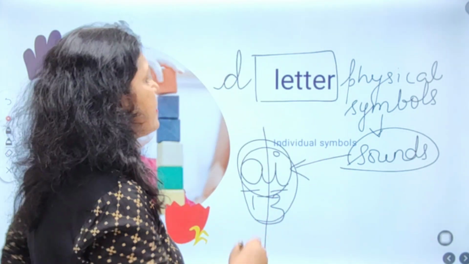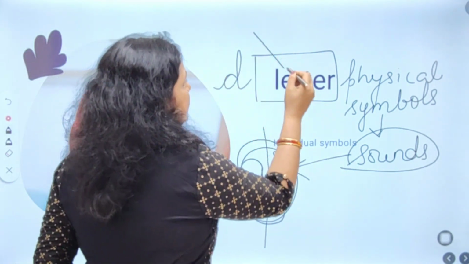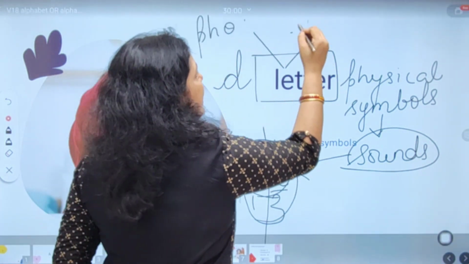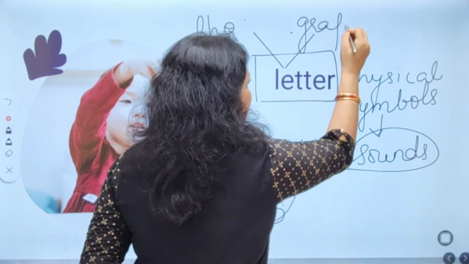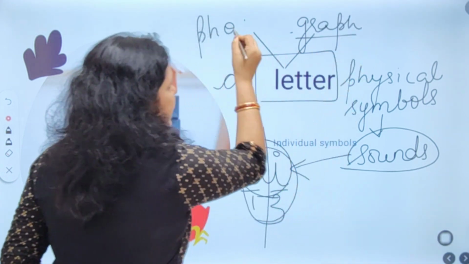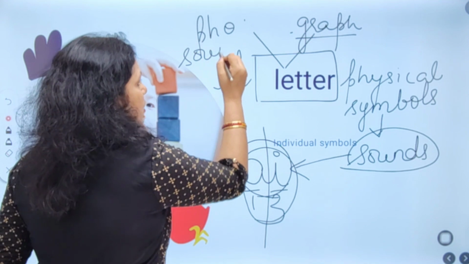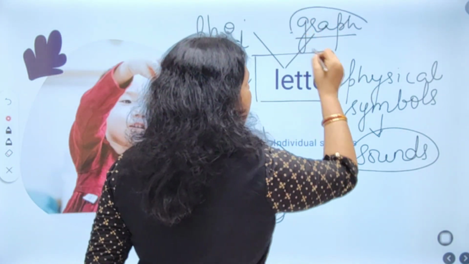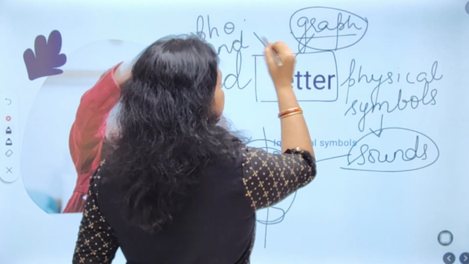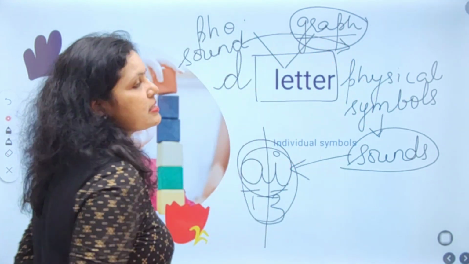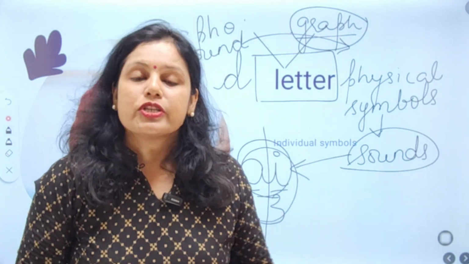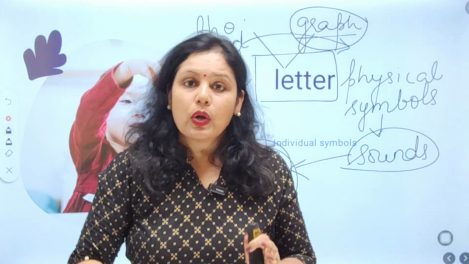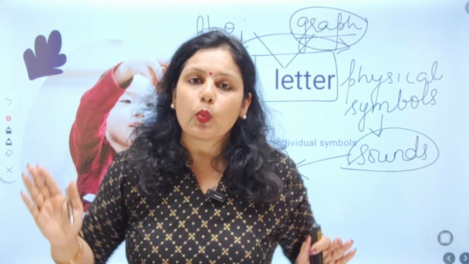So when you are talking about a letter, a letter may represent a sound and a letter may represent the graphical notation, that is a symbolic notation as far as this sound is concerned. So when we were young, we learnt only 26 letters with the help of which we learned the words.